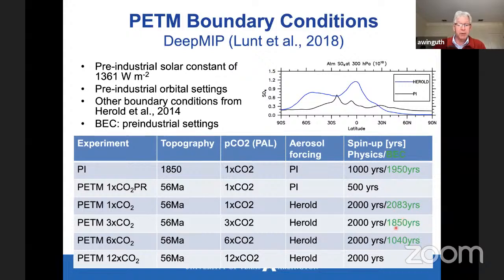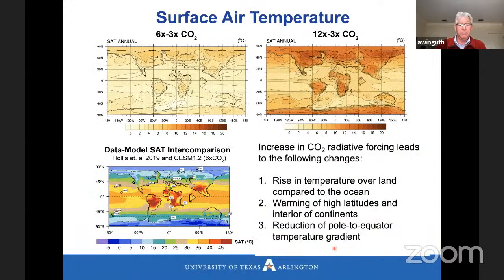And then the 3 times CO2 run is 2000 years integrated, but Jiang and I had real problems with the 6 times CO2 run, because this is a hothouse climate and stresses the BEC. And we had to work hard to get this run continued, so that led to the delay.